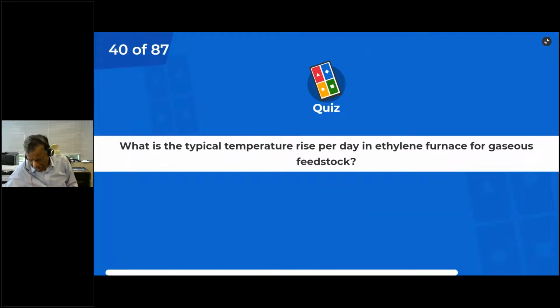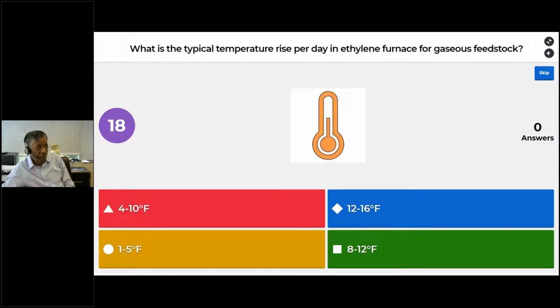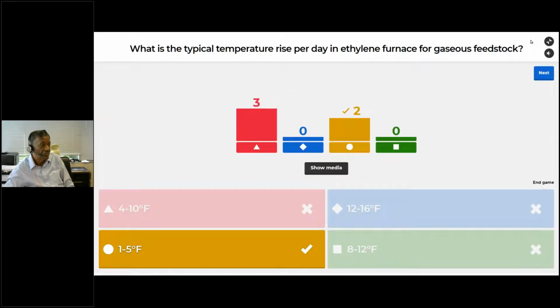Okay, as we talked about, the furnace is going to be coking. So what is the typical temperature rise in your furnaces? These numbers again, this was a poll, I think we should have fixed it.